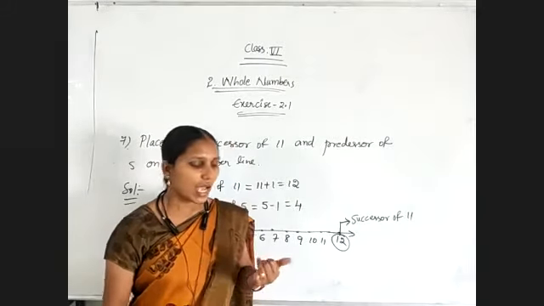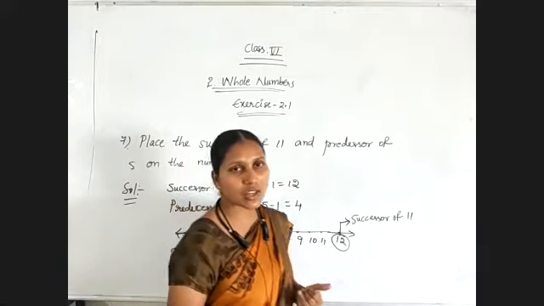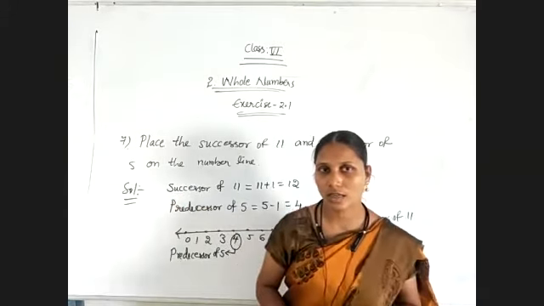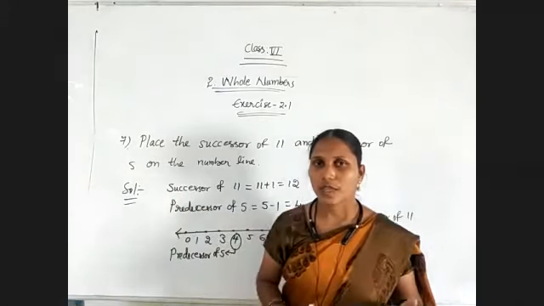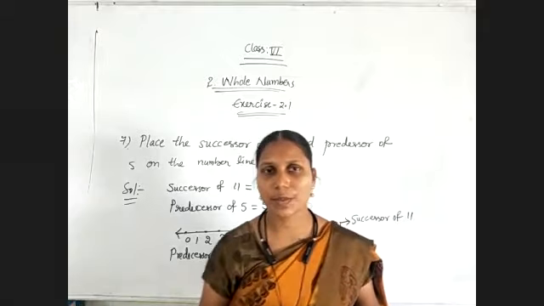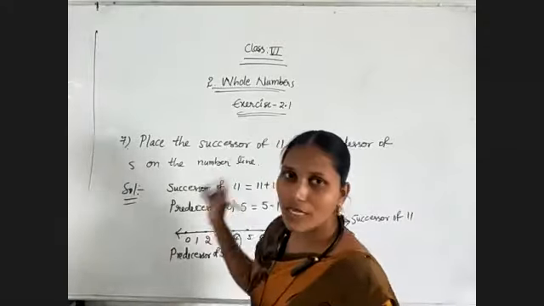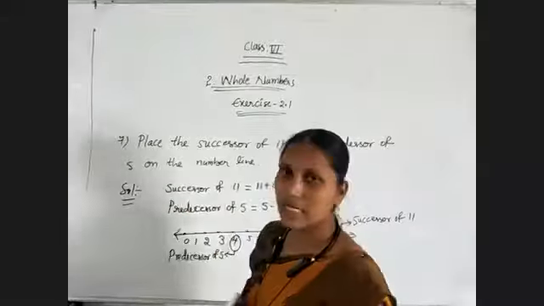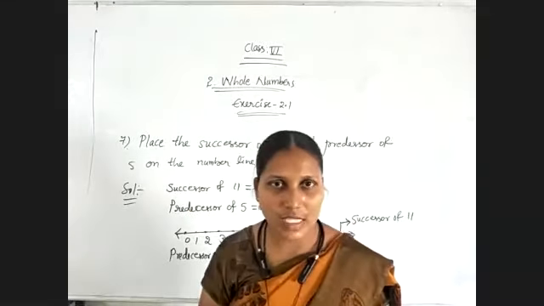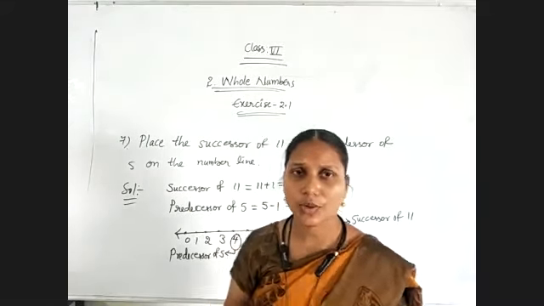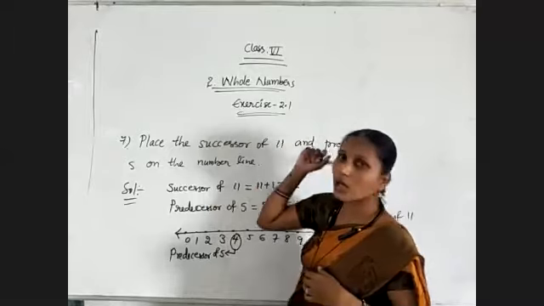Which natural number does not have a predecessor? That is 1. And which whole number does not have a predecessor? That is 0. All of this we have discussed before this exercise, and I have revised it several times. Now I hope you have a clear idea about whole numbers.